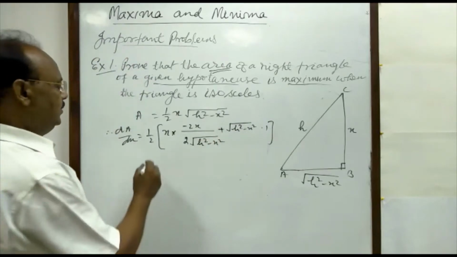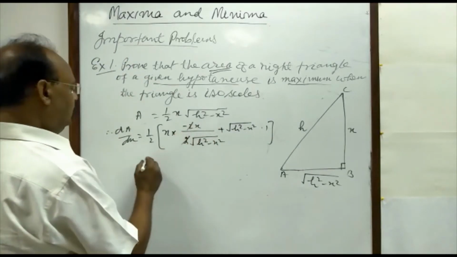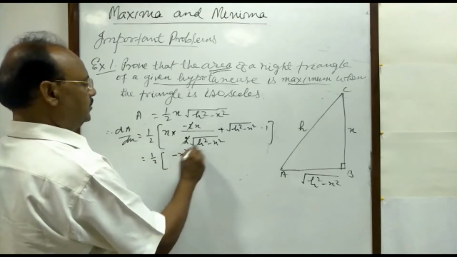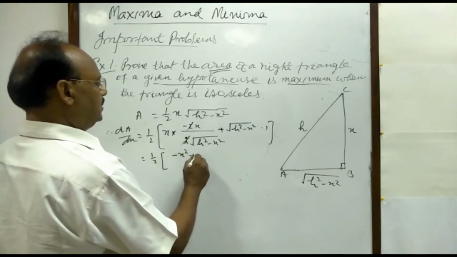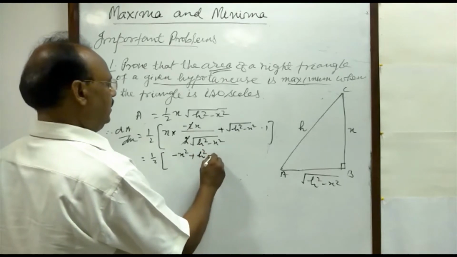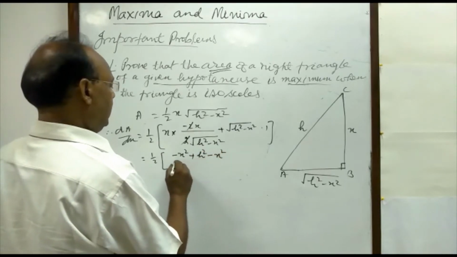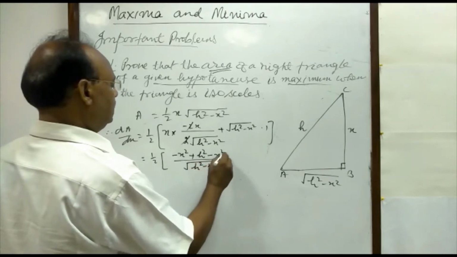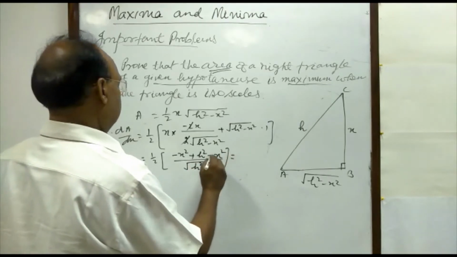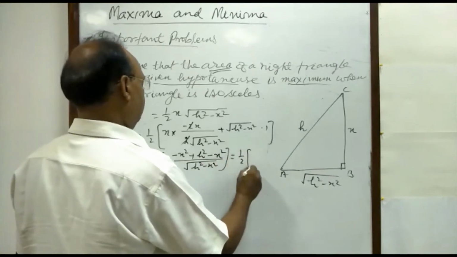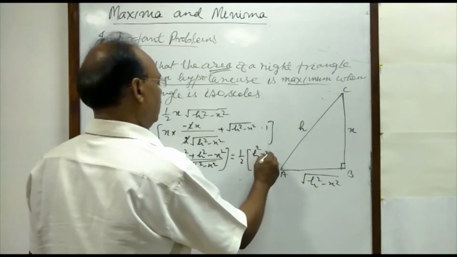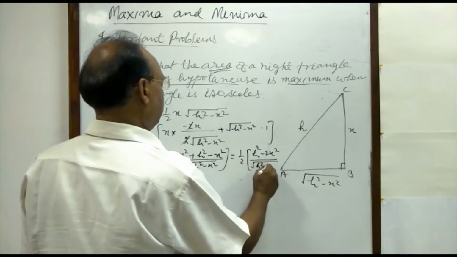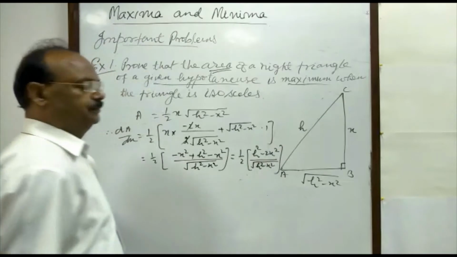Let us simplify it. Here 2 will be cancelled out. So this is equal to half of minus x square plus h square minus x square by root over h square minus x square, and this is equal to half h square minus 2x square upon root over h square minus x square.